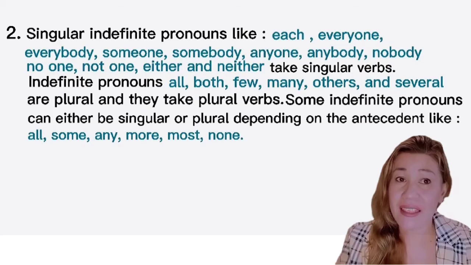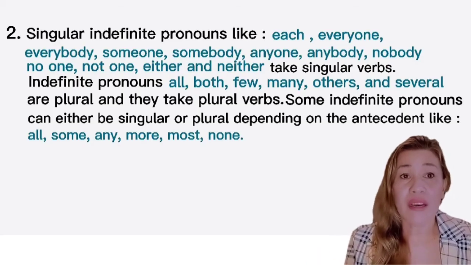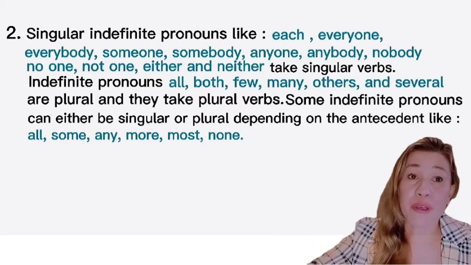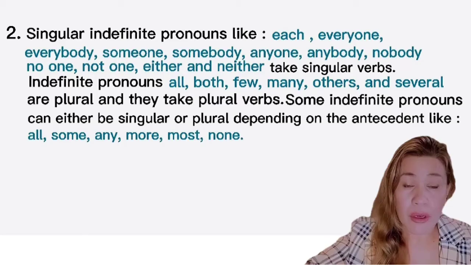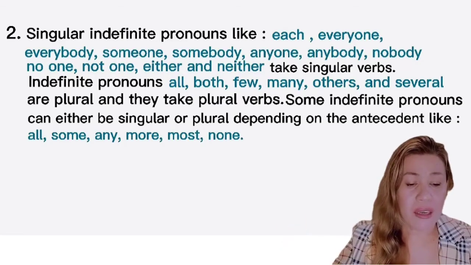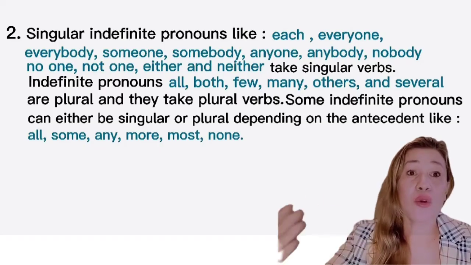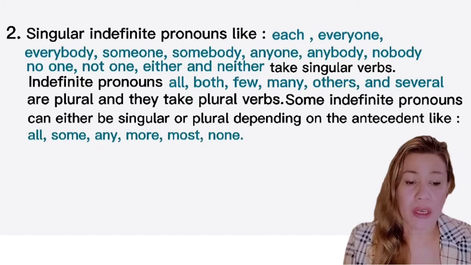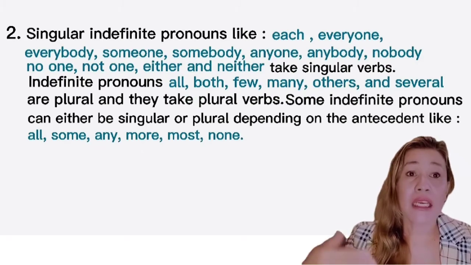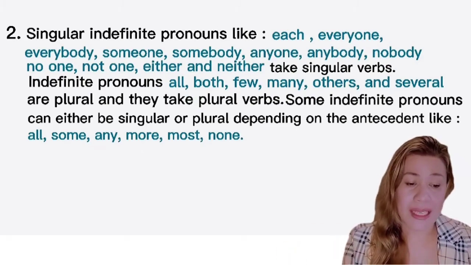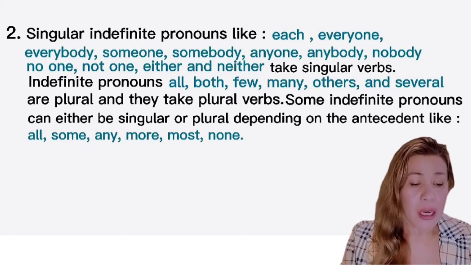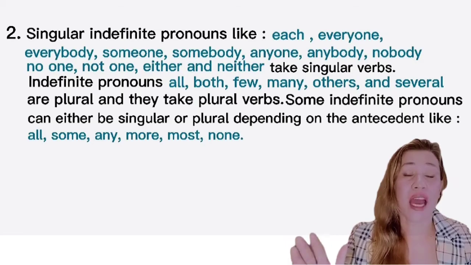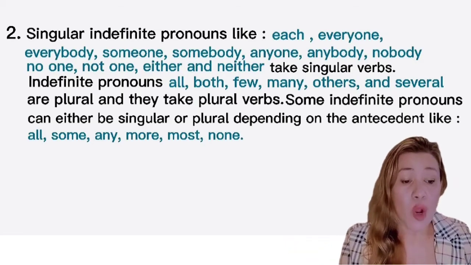What do you mean by the word antecedent? The meaning of the word antecedent, guys, is the word referred to. Okay? So, if it is in Filipino, we say, ang tinutukoy. Or in the Cebuano language, we say, ang gipasabot. Okay? So, that's the antecedent. So, consider all, some, any, more, most, and none. There are 6 of them.